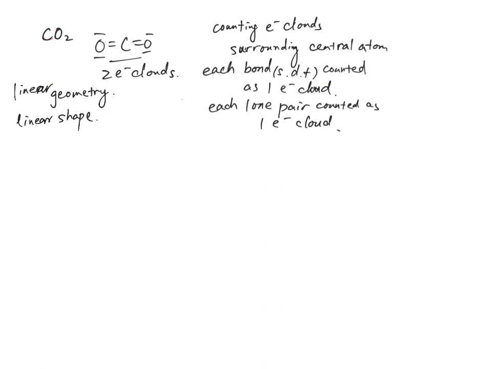Well, let's use a very simple example. Methane, or carbon tetrahydride. Okay, so carbon, hydrogen, hydrogen, hydrogen, hydrogen, and that's a total of 8 electrons: 4 from carbon, 1 each from hydrogen.